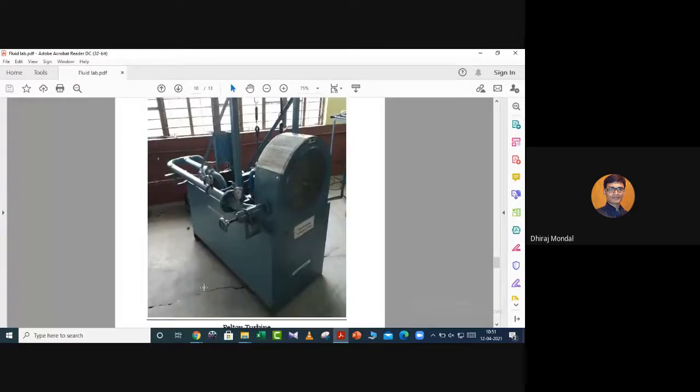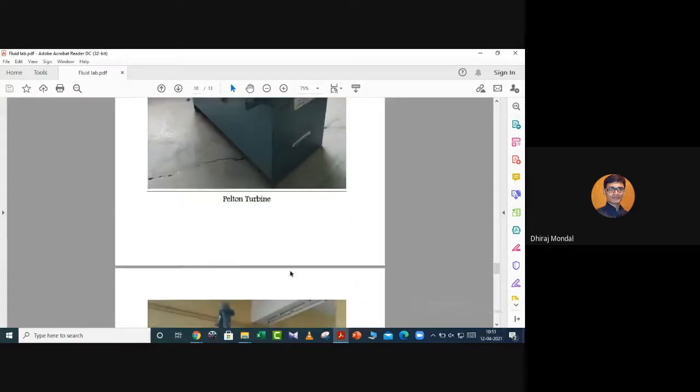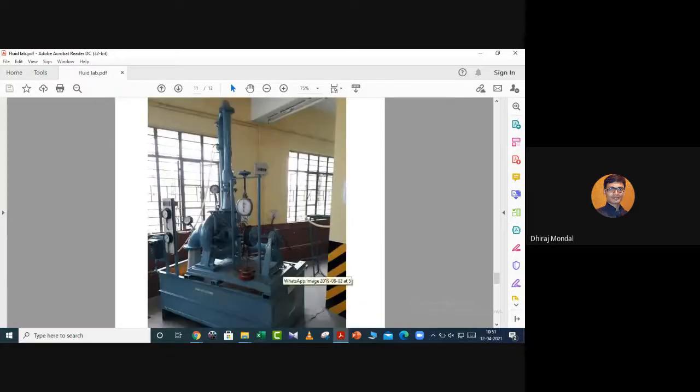Based on the energy available at the inlet of the turbine, we can classify turbines as impulse turbine and reaction turbine. If the energy available at the inlet is only kinetic energy, it is called an impulse turbine. If it is both kinetic energy as well as fluid energy, it is called a reaction turbine.